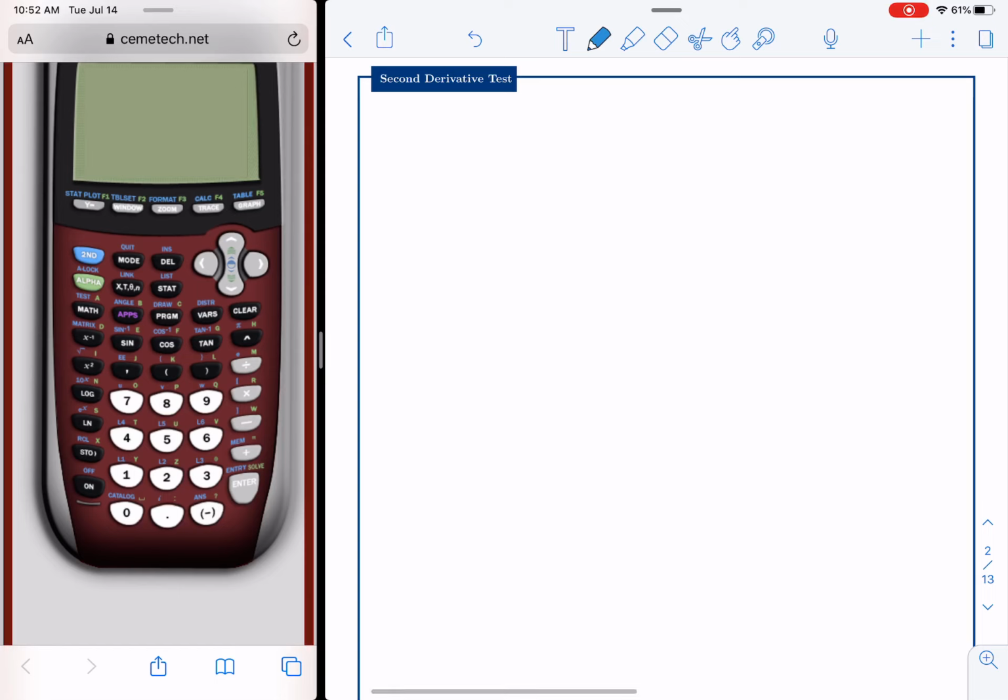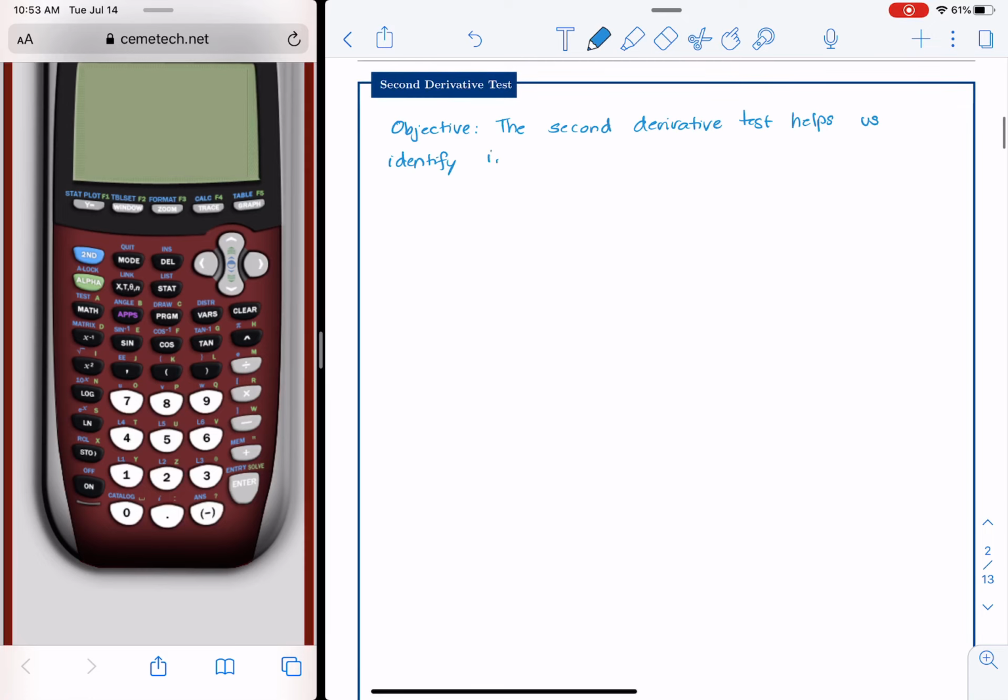The objective of the second derivative test, it helps us identify intervals where the function is concave up or concave down.